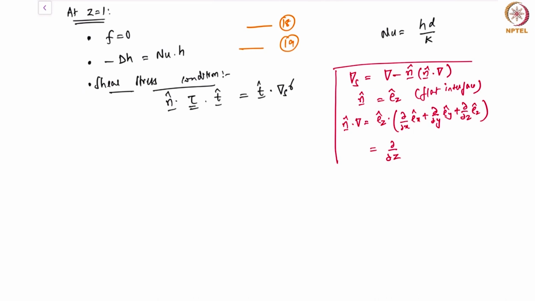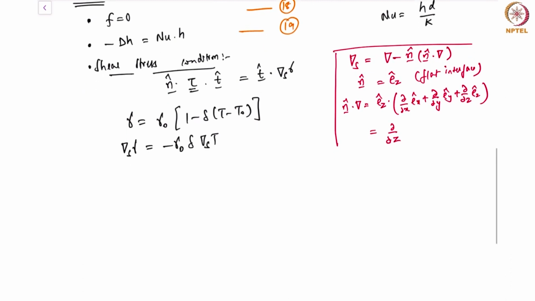Now we also need to connect the surface tension to temperature. We will say surface tension gamma will be gamma naught minus gamma naught delta times (T minus T naught), and therefore del S of gamma is nothing but minus gamma naught delta del S of T, right?